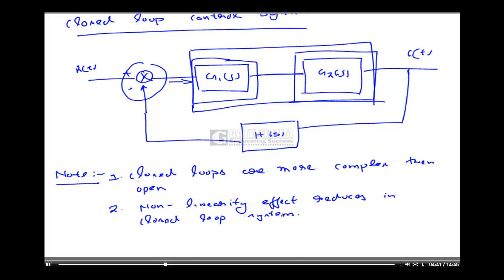Okay. Now we have seen open loop and closed loop control systems. In closed loop control system, there is a presence of feedback in the system. So the next topic will be feedback and its effect.